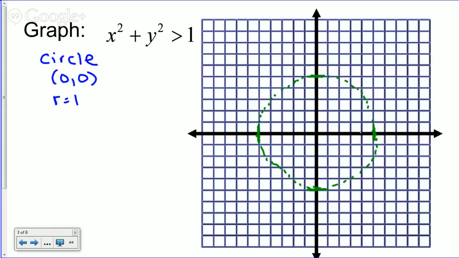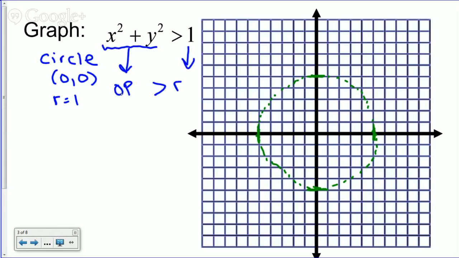Now we need to figure out, do I shade the inside of the circle or the outside? This part right here represents all your ordered pairs, all these ordered pairs on this circle, or any out here. You want your ordered pairs to be greater than, and this represents your radius.